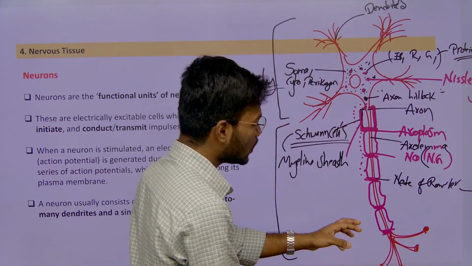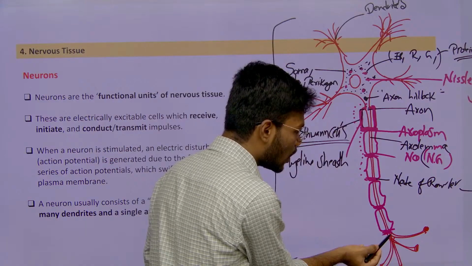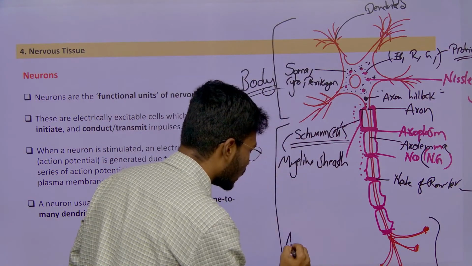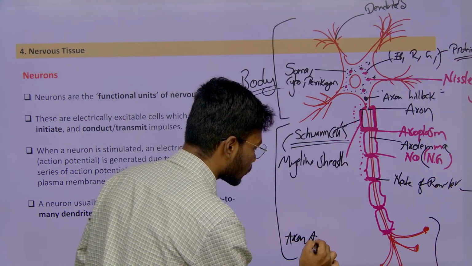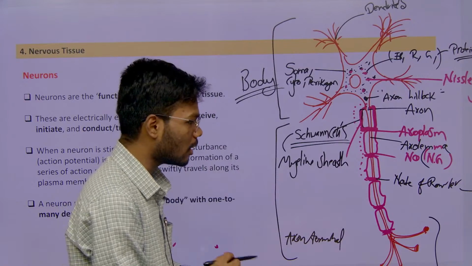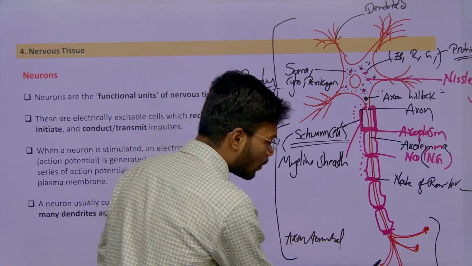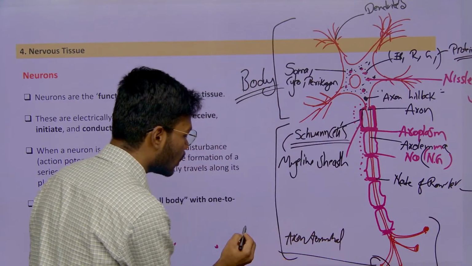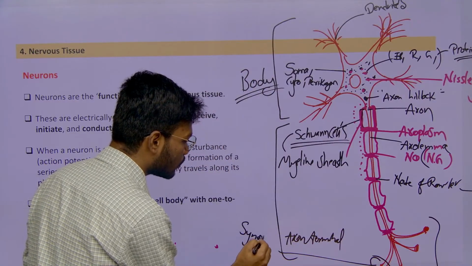And after this, what happens? Here also there is a branch. That is called the axon terminal. In this axon terminal, finally I drew one dark colored thing which is called what? The synaptic knob.